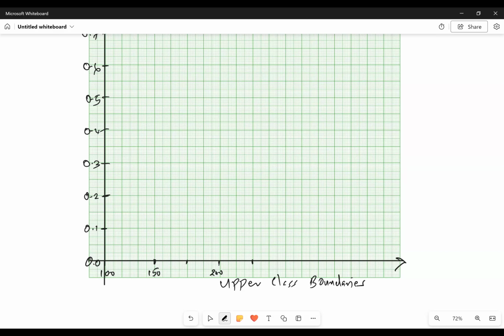Forgive me if I'm not exact. Then 220 must be around there. So the 300 is around here. 100, 150, 200, 250, 300 around there. So I have tried to spread them.